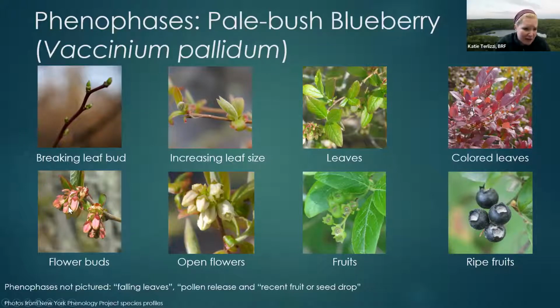We'll start to see flower buds and flowers probably sometime in May, open flowers June, and then the fruits shortly after that, ripe fruits usually at the earliest mid-July, and at the latest early August.